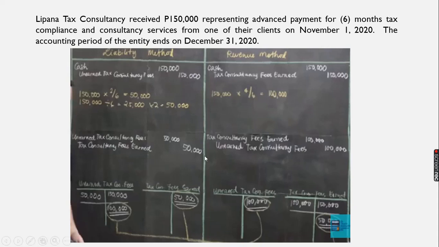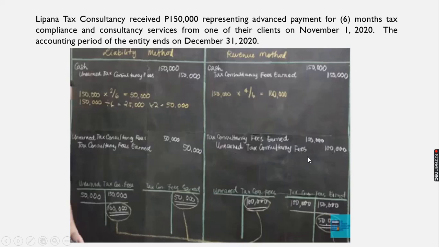So, ang entry mo, pag December 31, 2020 na, tax consultancy fees earned 100,000 and unearned tax consultancy fees, 100,000. So, gawin ulit natin ng T account. Unearned tax consultancy fees, 100,000, or unearned service revenue, pwede din yan, diba?